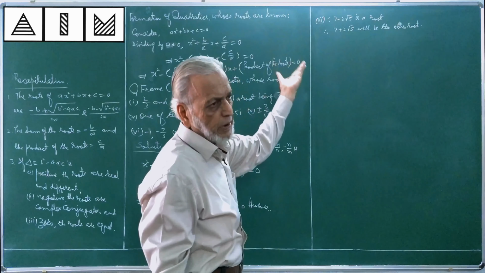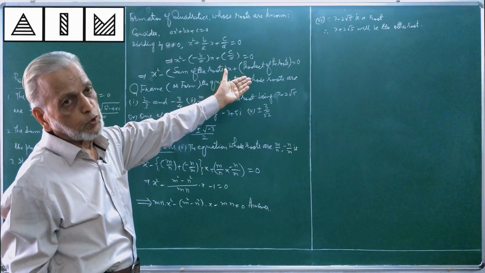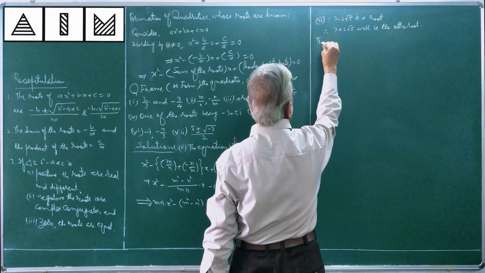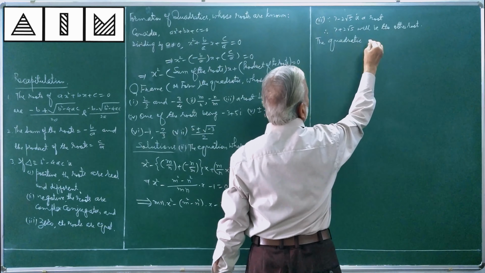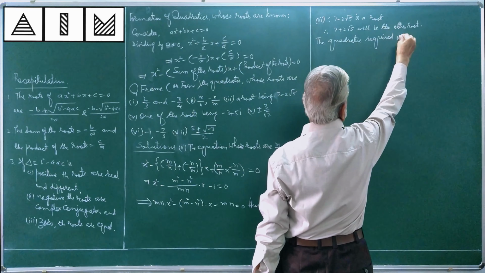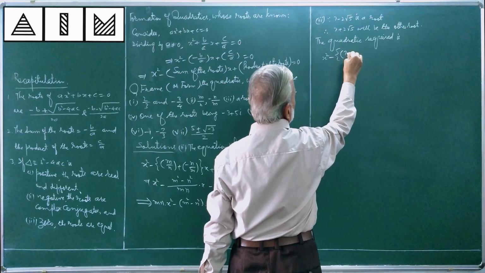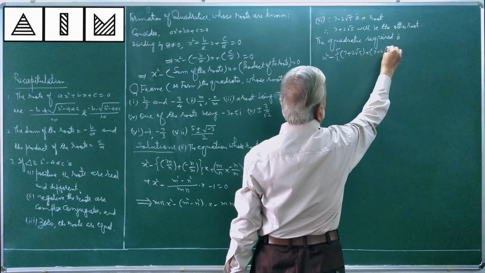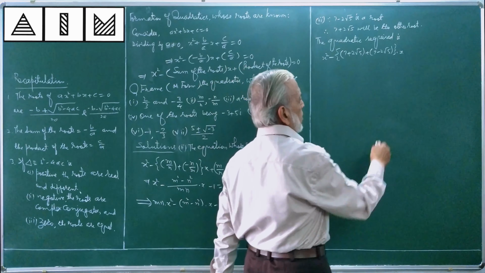Now the two roots are available. Use this formula, x square minus sum of the roots into x plus product of the roots is equal to 0, to reach the equation required. The quadratic required is now x square minus sum of the roots into x plus product of the roots.